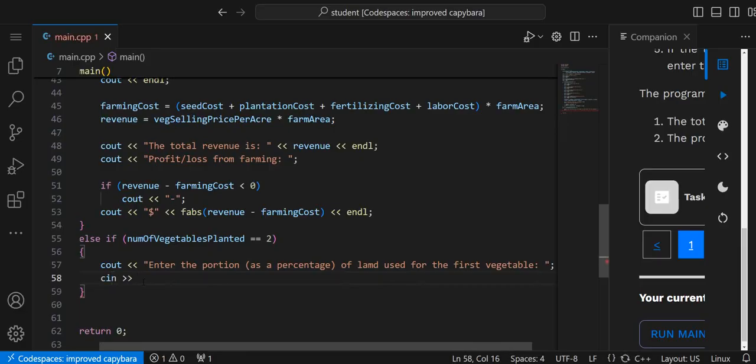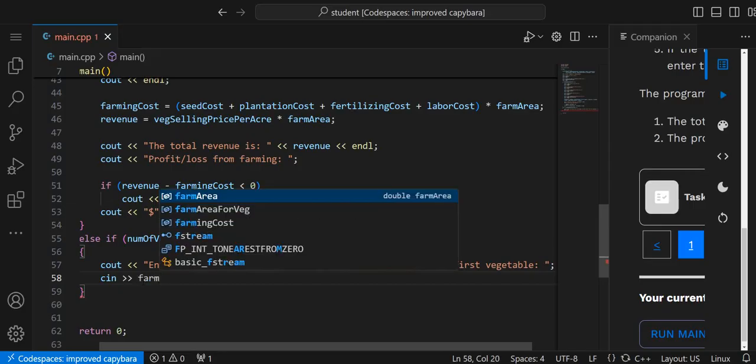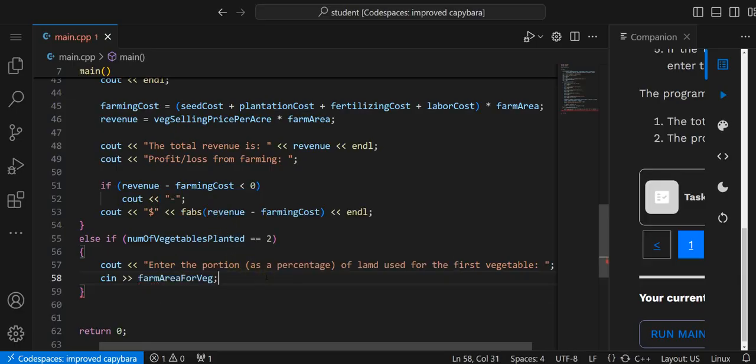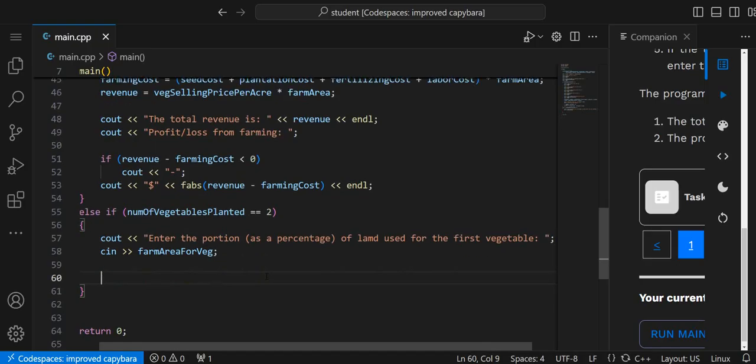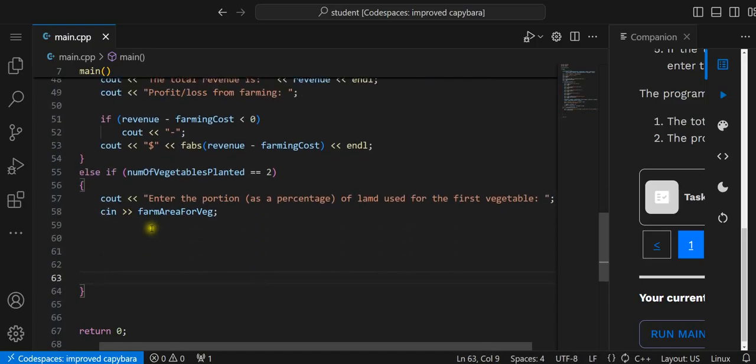And we'll go and do seed cost. Actually, for the first vegetable. Sorry, farm area. So farm area for veg. Farm area for veg. And we'll do some random work here.